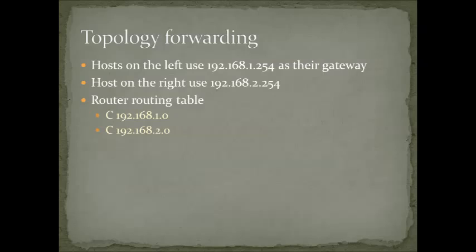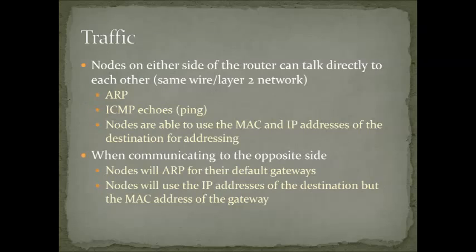And to close out the routing on the network, the router itself would have a routing table of two directly connected routes, 192.168.1.0 and 192.168.2.0, and these would be associated with interfaces F0/0 and F0/1 respectively.